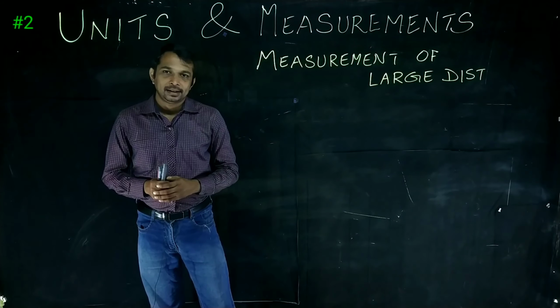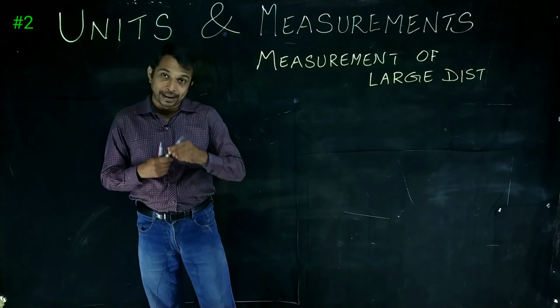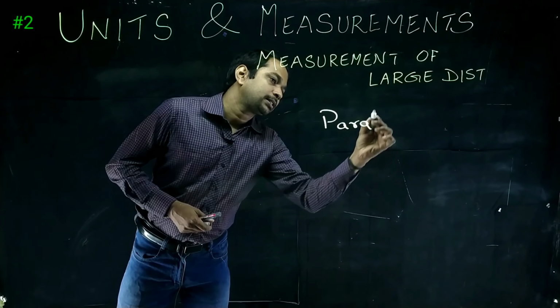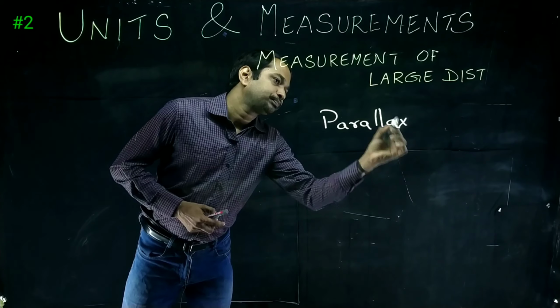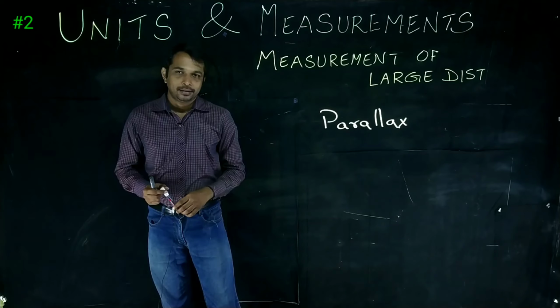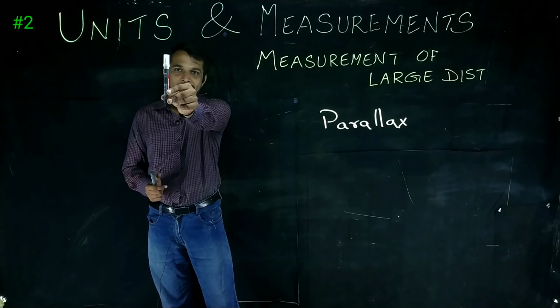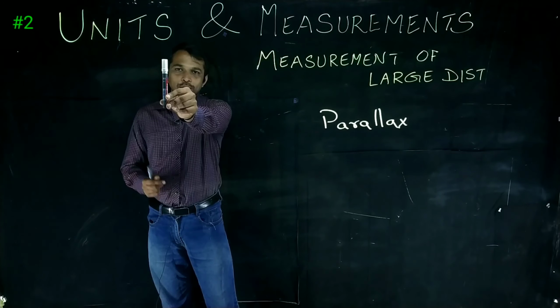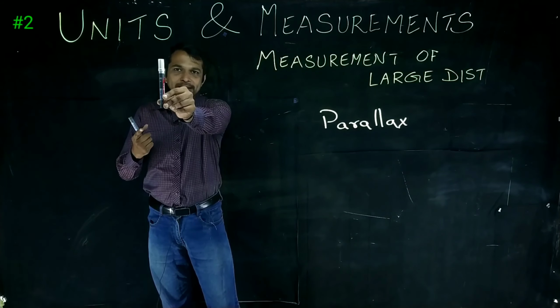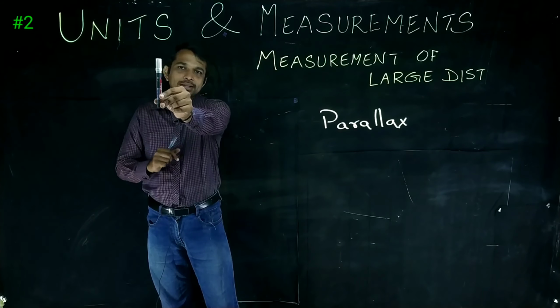Before that, let us know what is parallax. You have a pen in your hand, right? Just hold that pen straight. You just close one of your eyes. Now you open that eye and close the other eye.